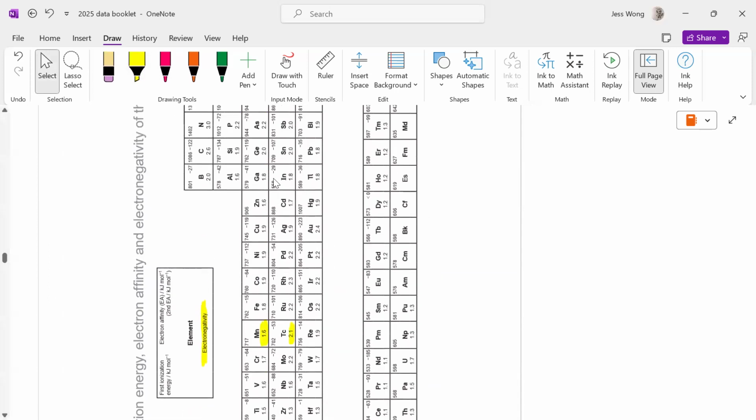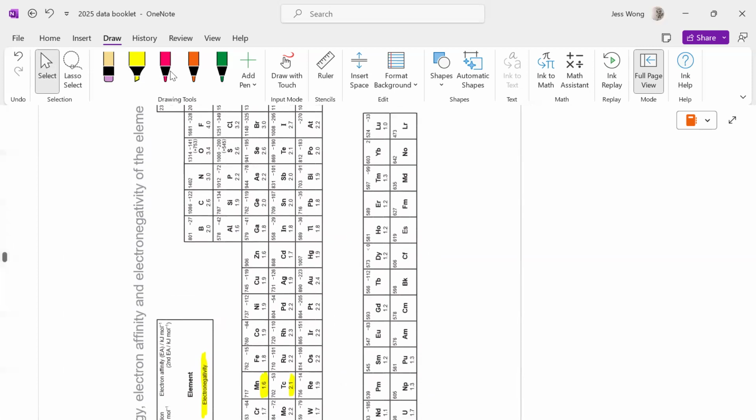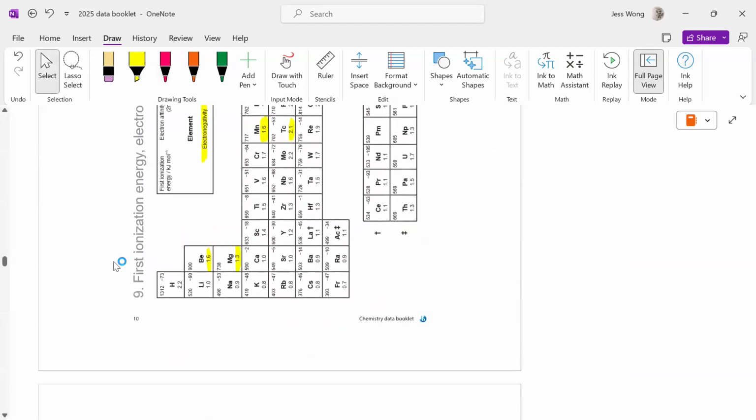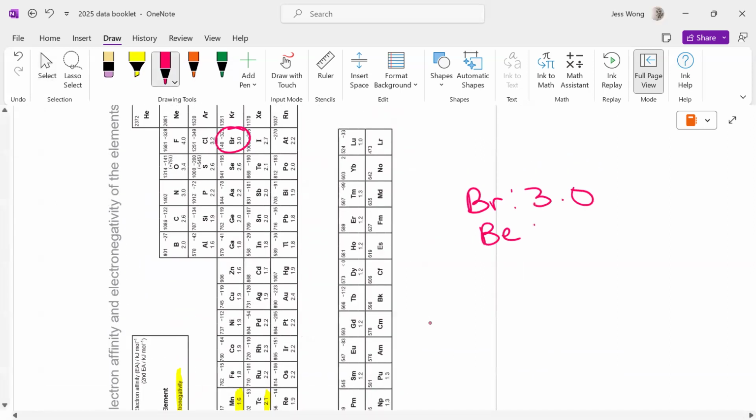So what you will do is that, let's say, if I have beryllium bonding with bromine, I will take note of bromine's electronegativity value, and I will take note of beryllium's electronegativity value.